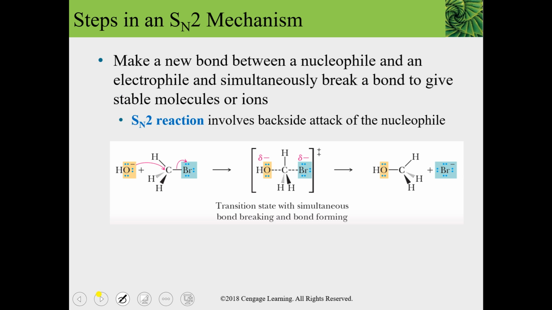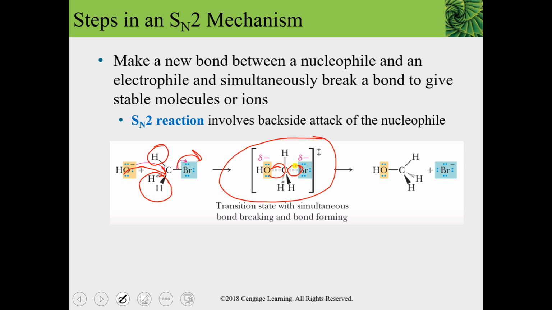So for example, here in an SN2 reaction, first of all, we see this when there are very small surrounding groups. So for example, hydrogens, those are very small groups comparatively that are surrounding carbon. When we have those real small groups surrounding the electrophile, which is the carbon, it's very easy for this hydroxide to come in and attack it while simultaneously the bromine group is coming off. SN2 reactions have a transition state, and you see it right here, where as this bond is forming, this bond is breaking.